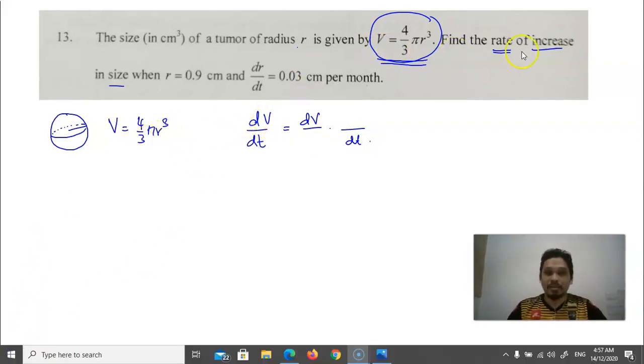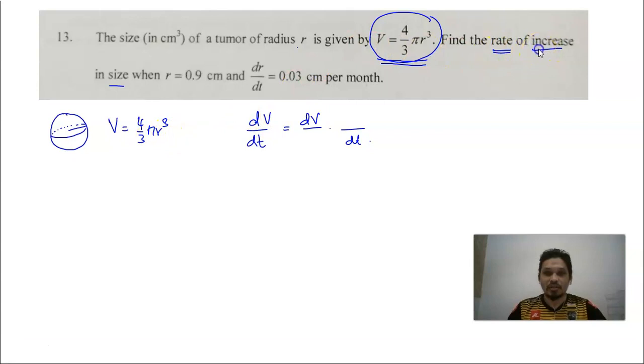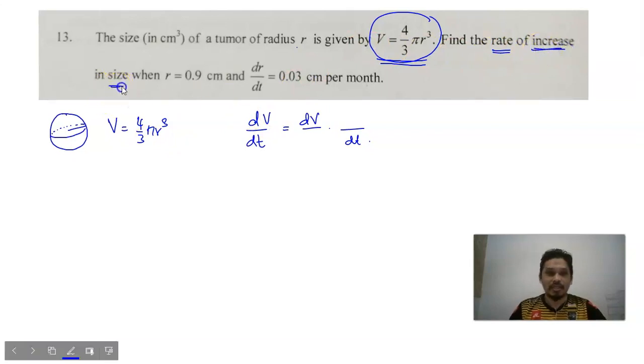So we're talking about the changes, the increase in size. Size in this case, we're talking about the size of this tumor in the shape of a sphere. So from time to time, it is going to be getting bigger and bigger.